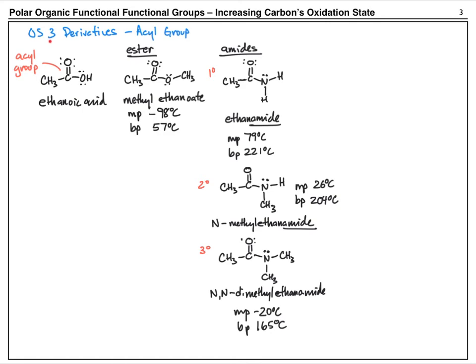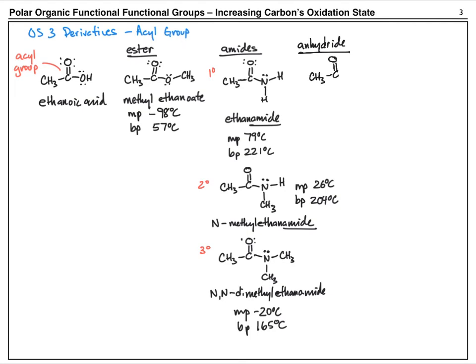So of the oxidation state 3 derivatives, there are 2 more that we need to know. The first one is called an anhydride. And anhydrides have the following structure.